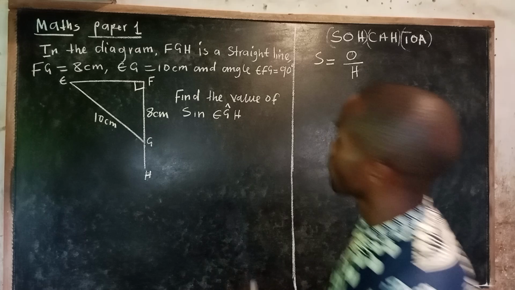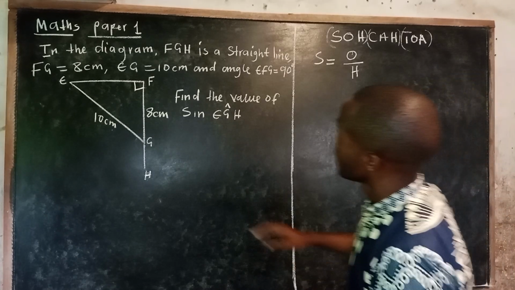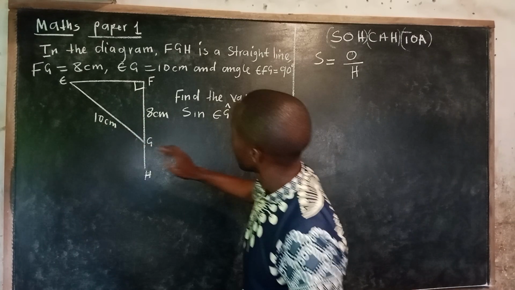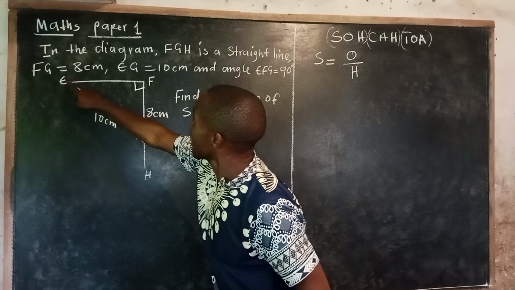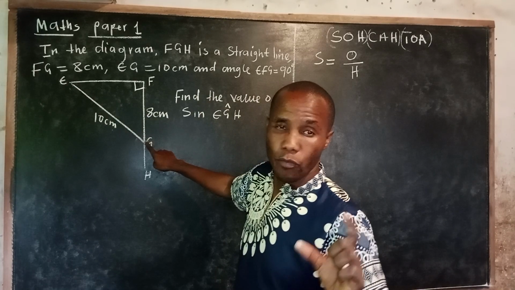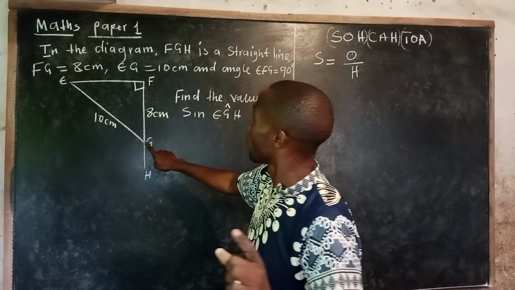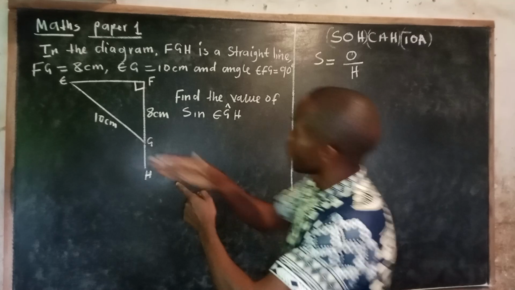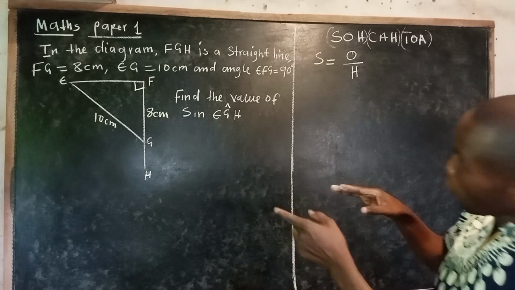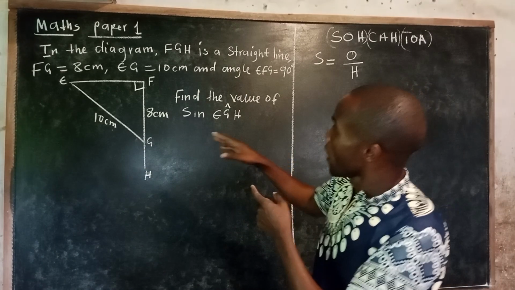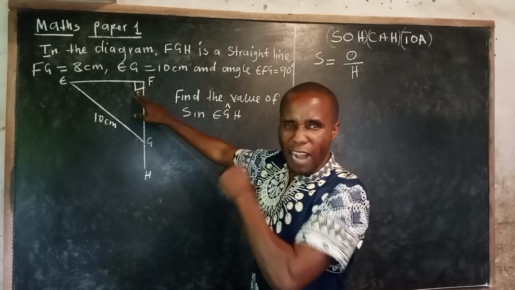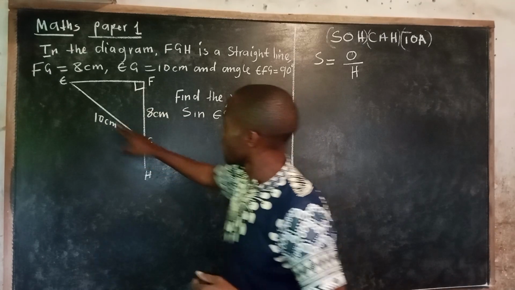Now let us get back to the diagram that we are given. Here, remember this is the hypotenuse. When we talk of the right-angled triangle, the line which is not touching the right angle is the hypotenuse, which is this one.